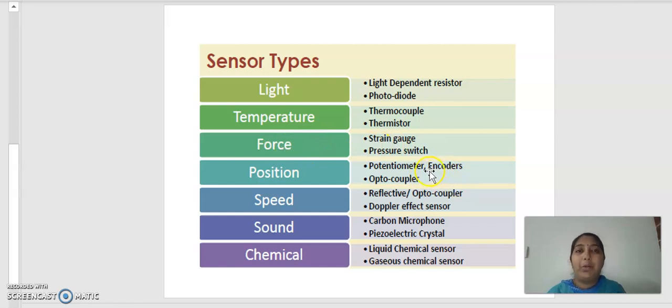Potentiometer and encoders, output optocouplers measure the position. Reflective optocouplers and Doppler effect sensors measure the speed. Carbon microphone and piezoelectric crystal measure the sound. Liquid chemical sensor and gaseous chemical sensor measure the physical properties of chemical reactions.